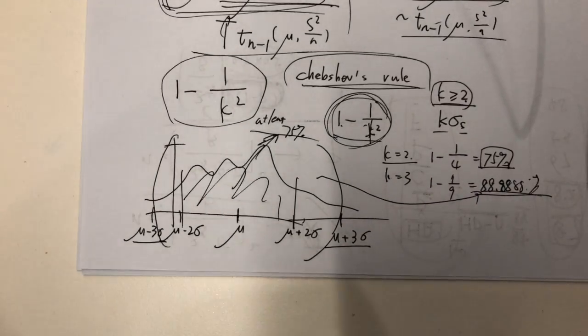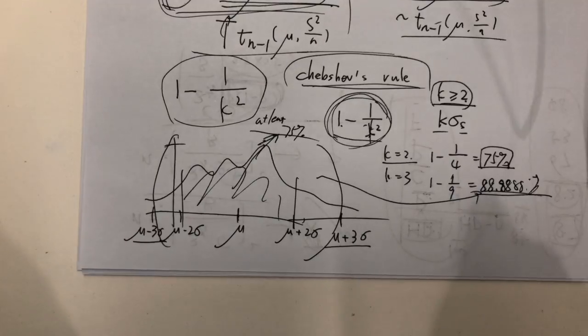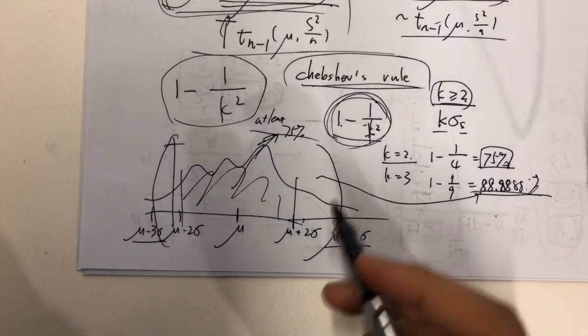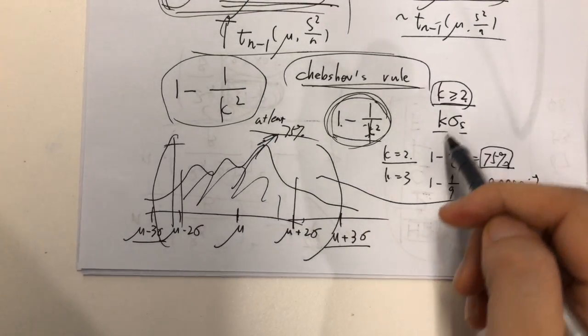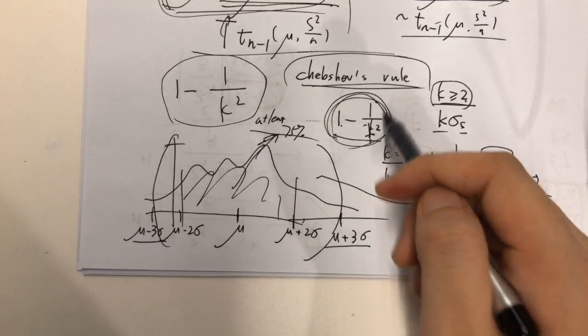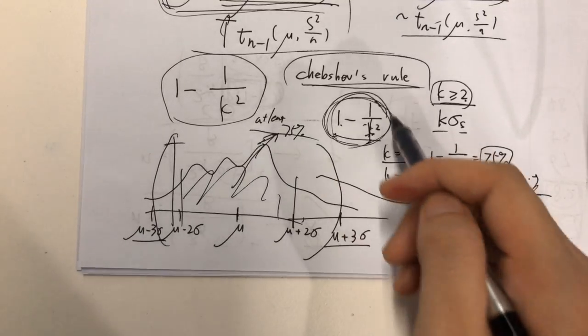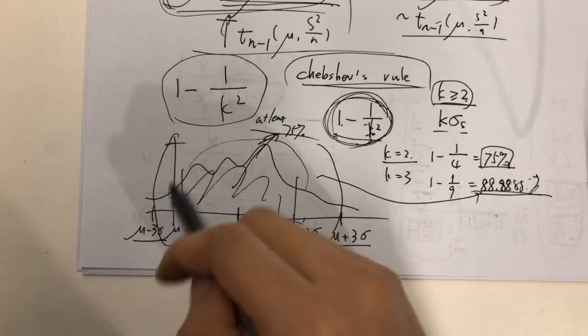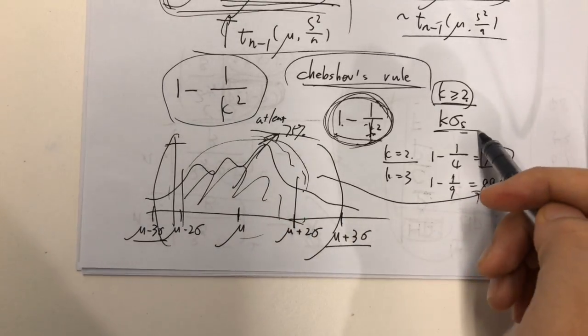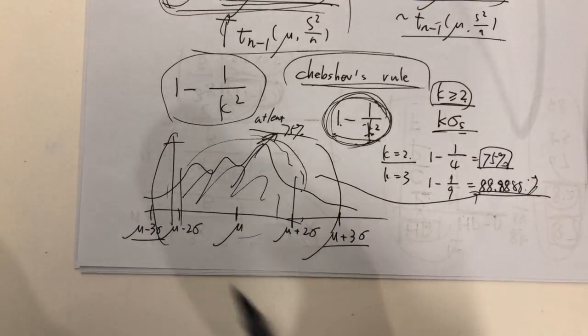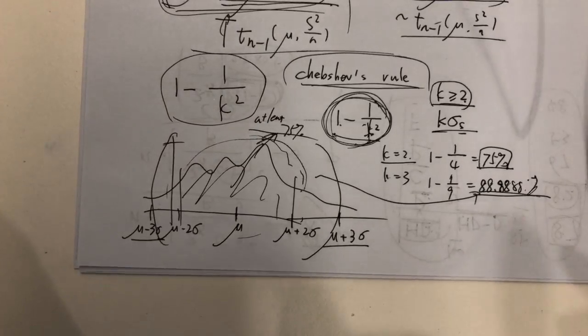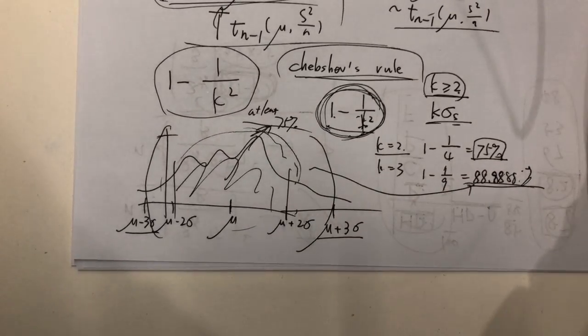It's never precise, it's just an estimation. So generally speaking, at least 1 minus 1 divided by k squared of the data in a distribution will fall within k sigmas around its mean. This is what Chebyshev's rule is telling us.